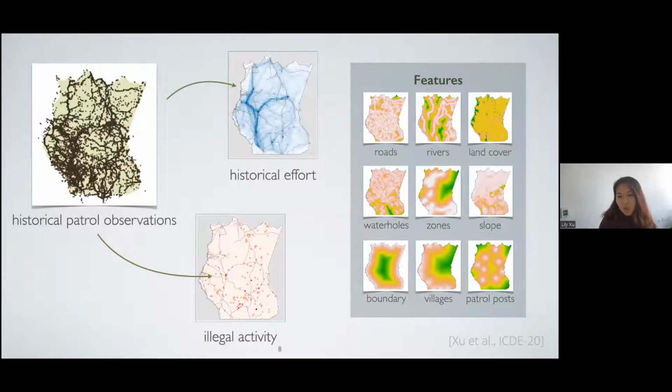And it also includes human-made features such as roads, villages, patrol posts, and the park boundary. And I'll also add that we have additional information such as animal density estimates from surveys that the park conducted, as well as dynamic features which come from remote sensing imagery, such as temperature and precipitation. So all of these features become covariates for a machine learning model.